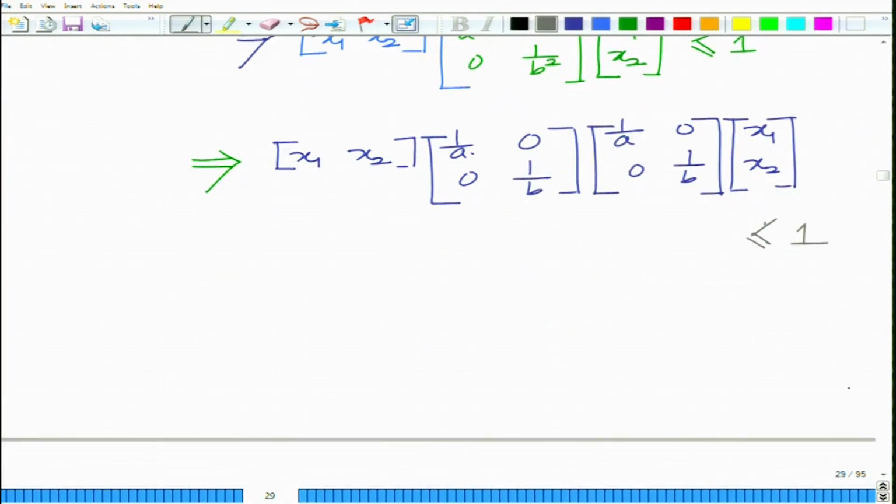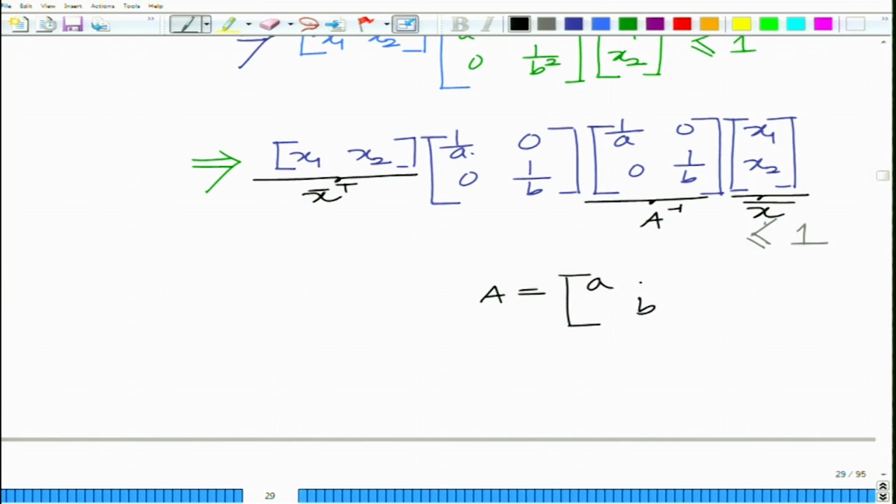And you can see now, this is basically nothing but the transpose of the vector x bar. So, this is x bar transpose, this is the vector x bar, and if I call this matrix A inverse, remember I can define A as the diagonal matrix with small a and b on the diagonal. So, this is A inverse, and I can write this as A inverse transpose, because this is a diagonal matrix, the matrix is equal to its transpose.